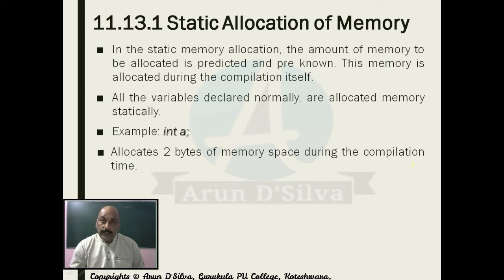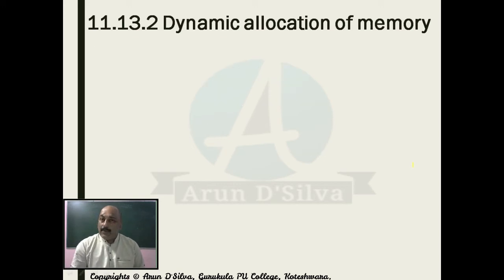You use it or you don't use it, but this much memory will be reserved for it. Whatever is allocated will remain. So static memory is very simple to say: throughout the execution period, whatever is allocated remains.